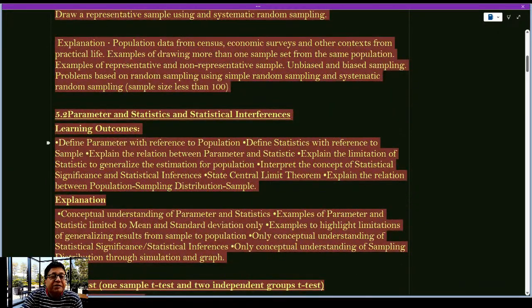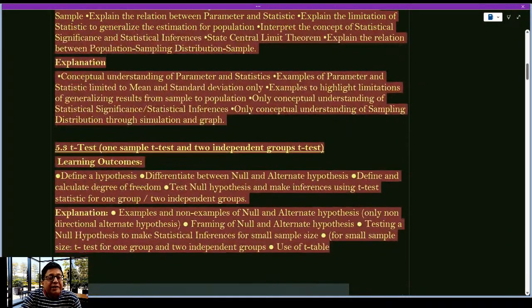Then the next topic is parameter, statistics and statistical inference. In this article I will explain what a parameter is, what a statistic is and what statistical inference is. Next there is the t-test, the one sample t-test and the two independent group t-test. This is included in your syllabus.